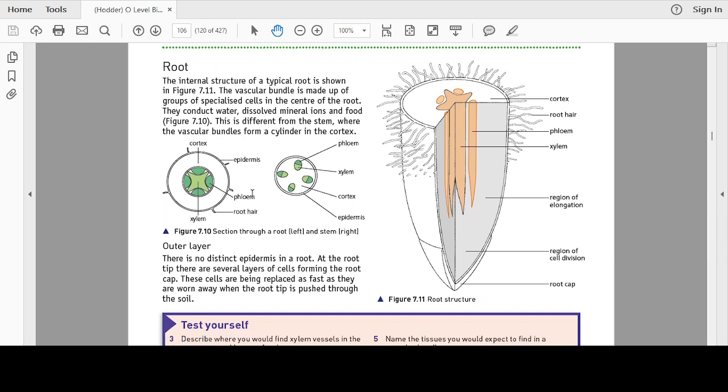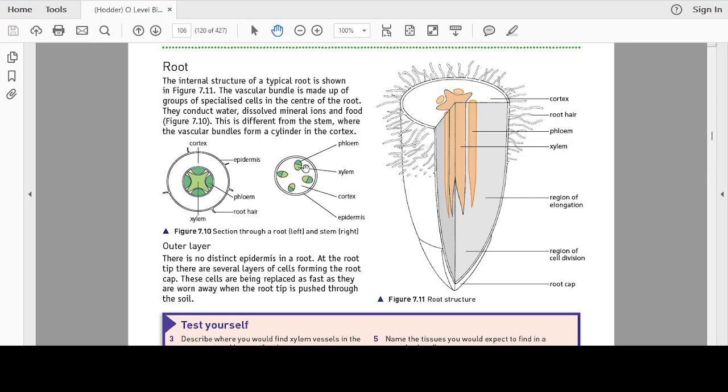The arrangement of the vascular bundle is different. The root also has an epidermis. It also has a cortex. It has root hairs, which we'll talk about later. And then the vascular bundles are arranged in the center of the root, as opposed to right over here. You can see on the right is how they're arranged in the stem.